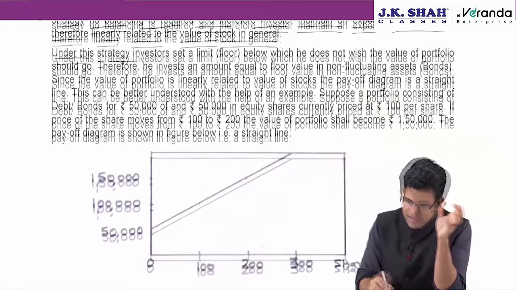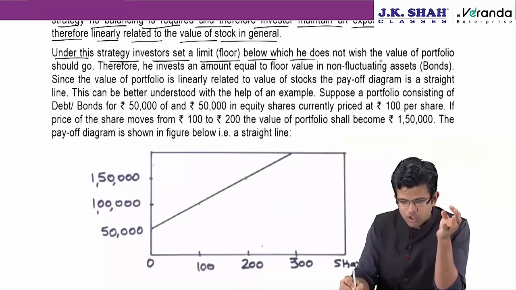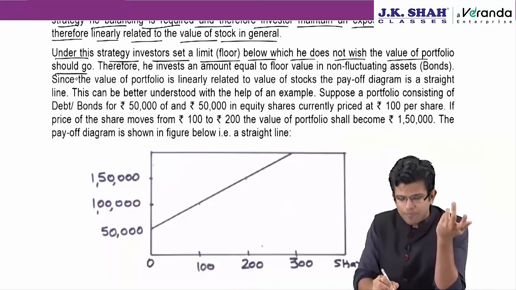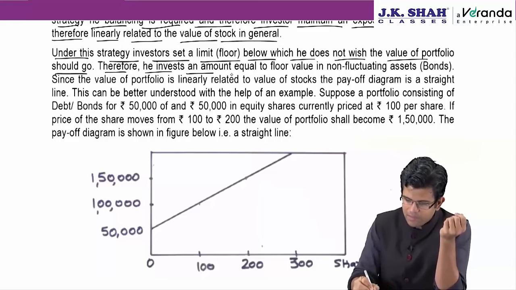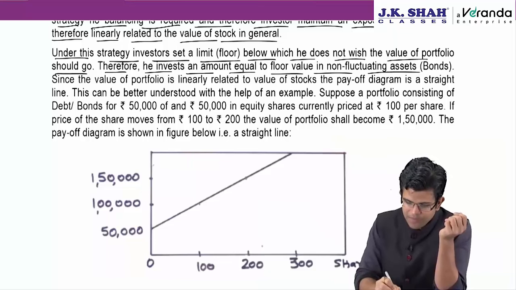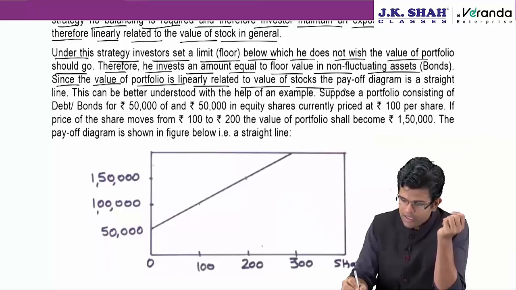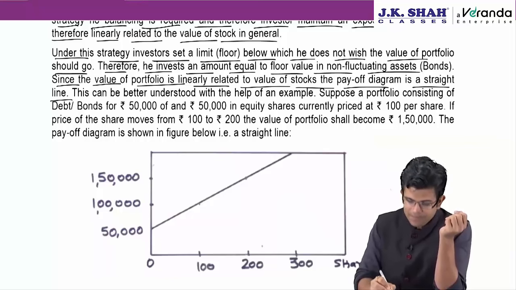Under this strategy, investors set a limit, that is the floor, below which he does not wish the value of the portfolio to go. Therefore, he invests an amount equal to the floor value in non-fluctuating assets, bonds. Since the value of the portfolio is linearly related to the value of stocks, the payoff diagram is a straight line. This can be better understood with the help of an example.